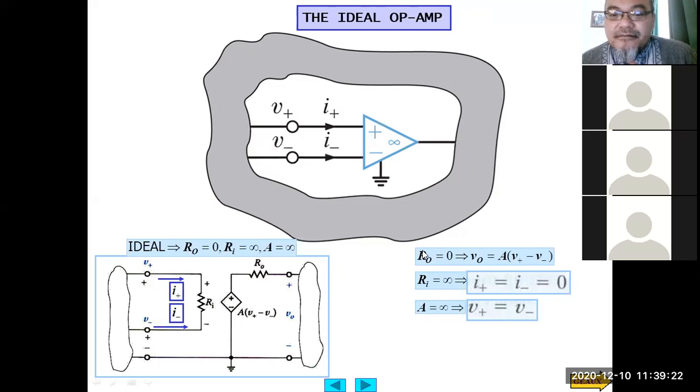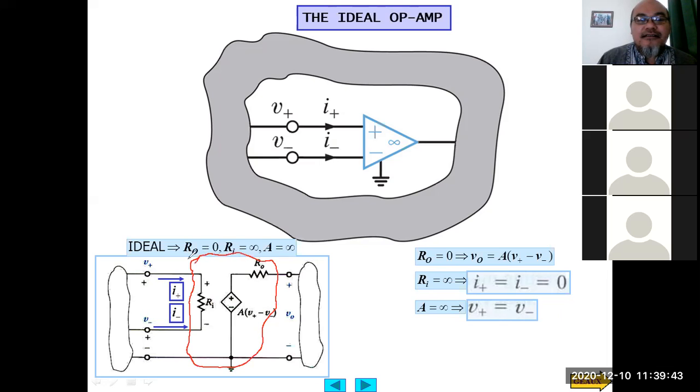The first picture is the same as the second picture. The triangle part shown here is this part. The op-amp part is this part. This is the op-amp.